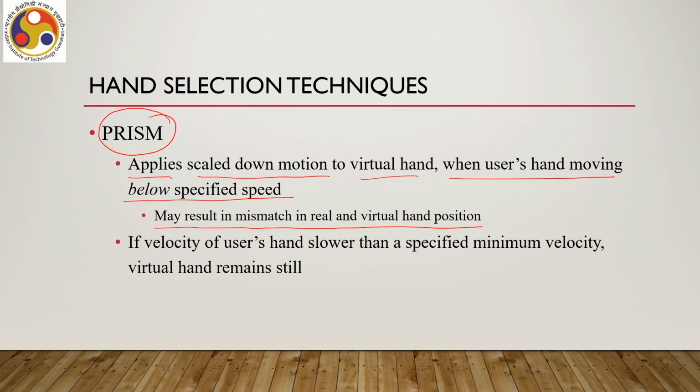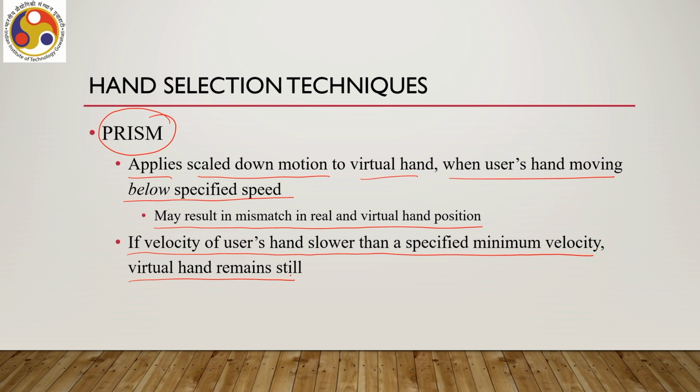However, for selection of distant objects, this may provide a better solution as compared to the go-go technique, because here we can control the movement by reducing the physical hand movement speed. If the velocity of the user's hand is slower than a specified minimum velocity, the virtual hand remains still.